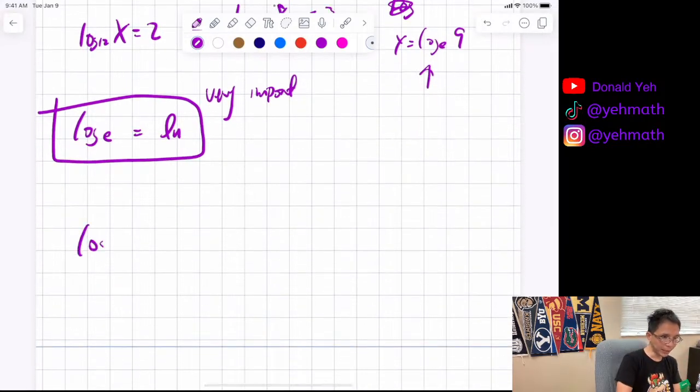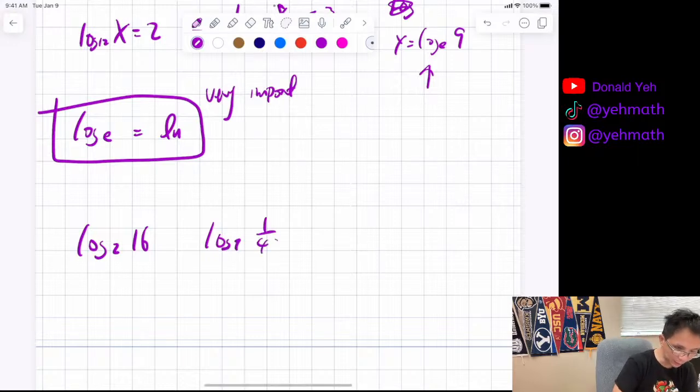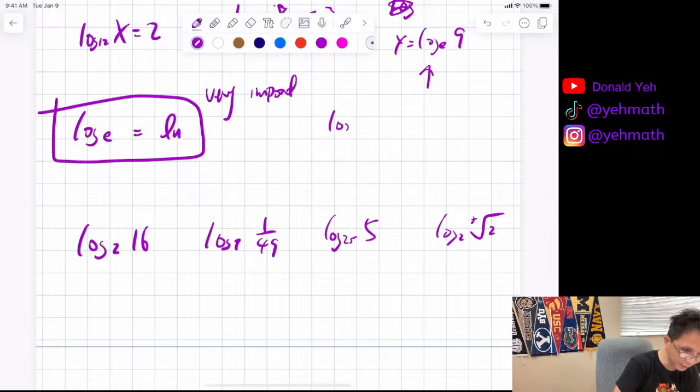So now I want you to learn to evaluate. You guys are going to figure out log base 2 of 16, log base 7 of 1 over 49, log base 25 of 5, and log base 2 of the 5th root of 2. I'm going to start with an example.